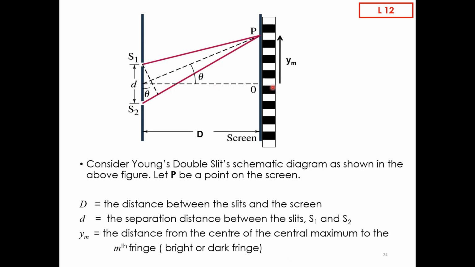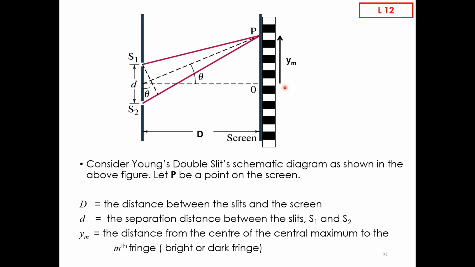Okay, here, the dot. So this is our central bright fringe. ym is the distance from the central bright fringe to the order we want to calculate. Let's say here: central bright fringe, first bright fringe, second bright fringe.